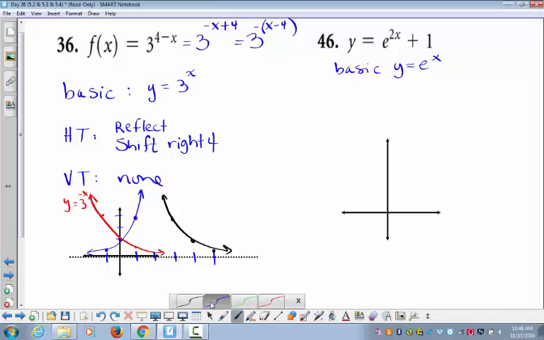It's a stretch or compression number. So which is it, a stretch or a compression? On the outside we would say it's a stretch, but on the inside we say it's a compression. So a number larger than 1 as a multiplier outside the function gives us a vertical stretch, but inside the function it gives us a horizontal compression. Okay. So the horizontal transformation, the only one, is compression by 2.